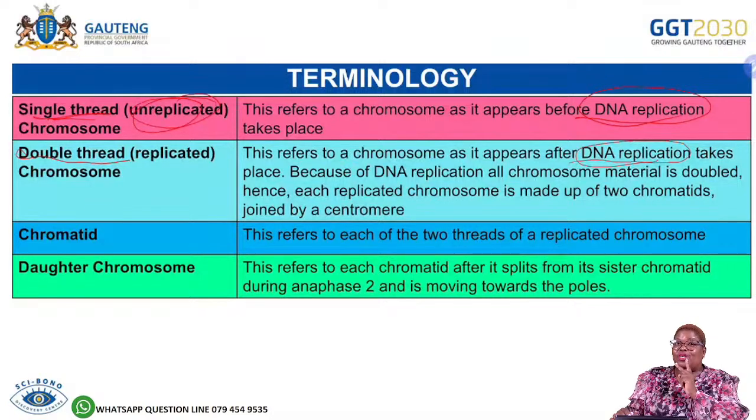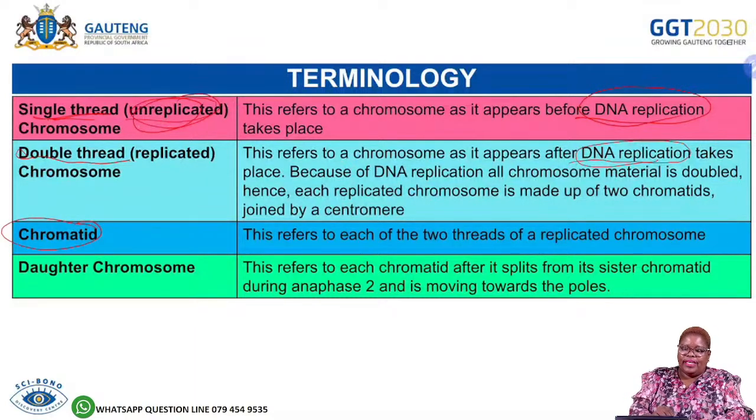So you can talk about replicated because that chromatid made a copy of itself. Then we ended up having two chromatids forming what? A chromosome. And the part that joins the two is the centromere. So replicated, double thread; unreplicated, single thread chromosome.